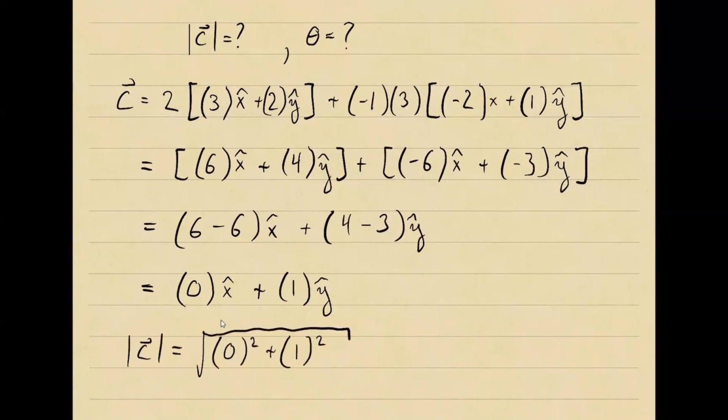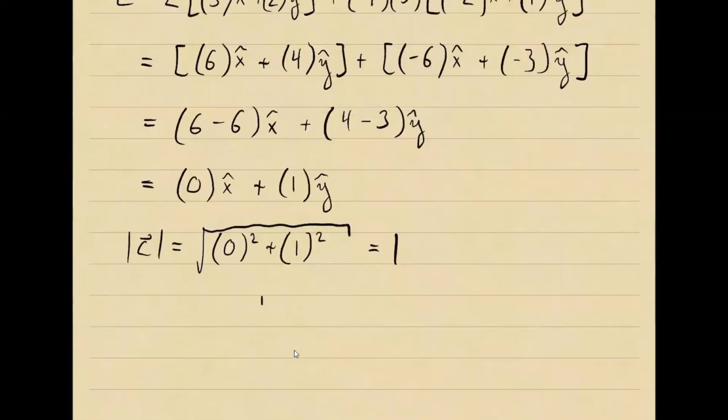So we have 0 squared is 0, plus 1 squared, which is 1, so 0 plus 1 is 1, and the square root of 1 is just 1, right? So the magnitude of c is just 1. That's the first part of the problem.